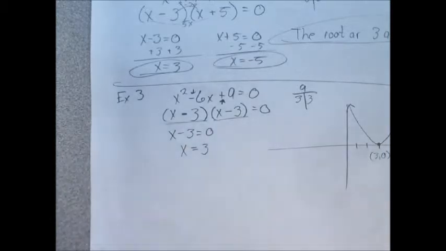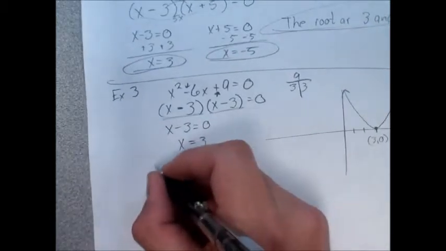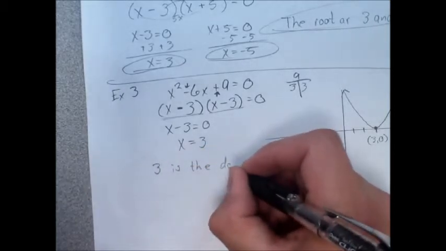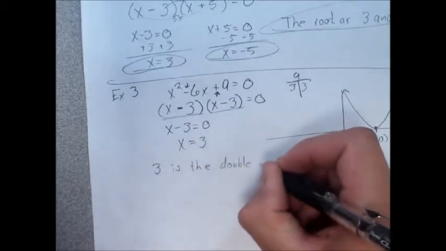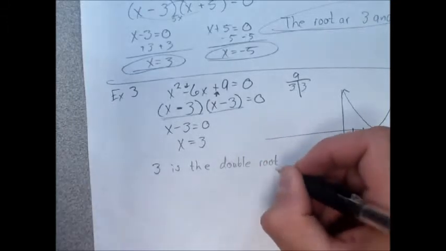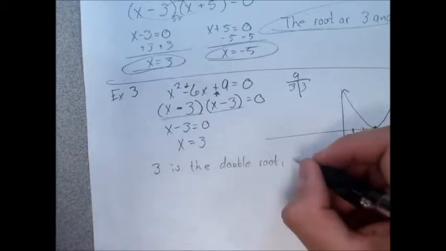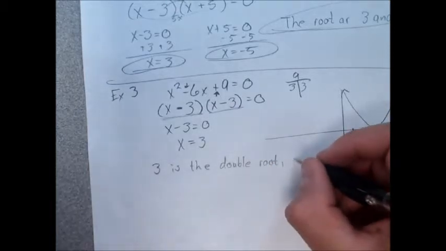And I'm just going to draw a general parabola for the time being. Okay, 3 is the double root, so we're going to talk about that. 3 is the double root in our answer. And we have 1 zero, and that is also at 3.